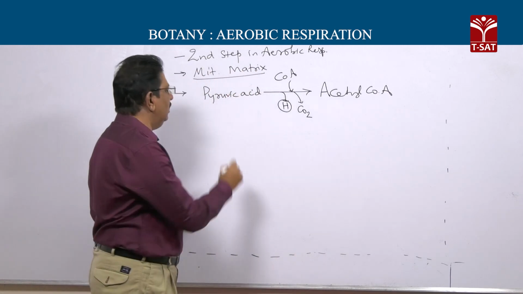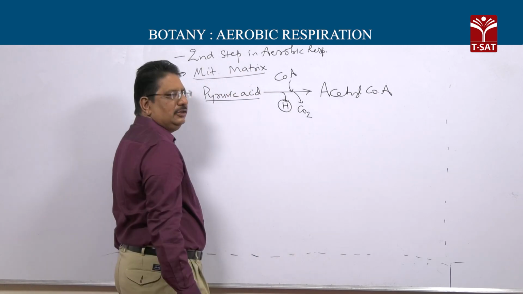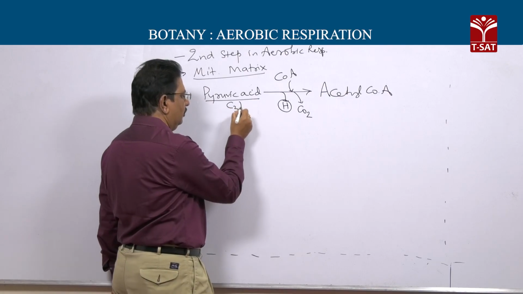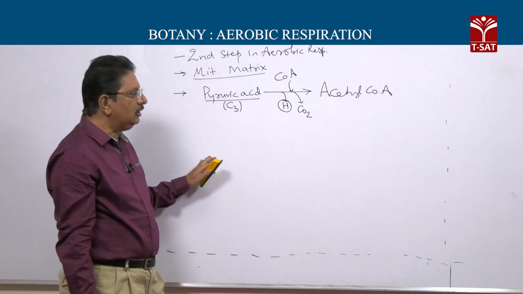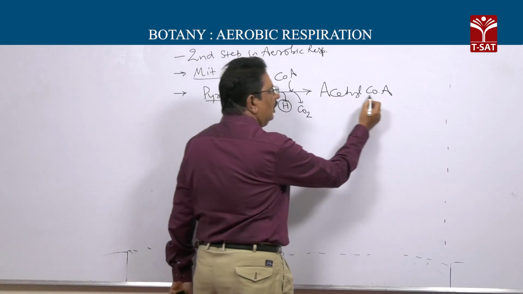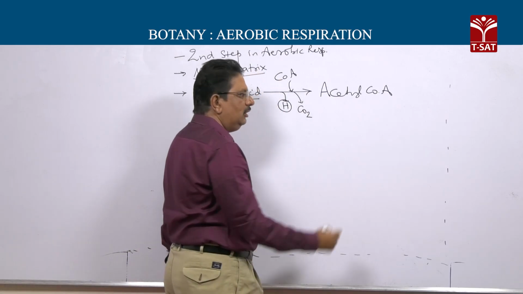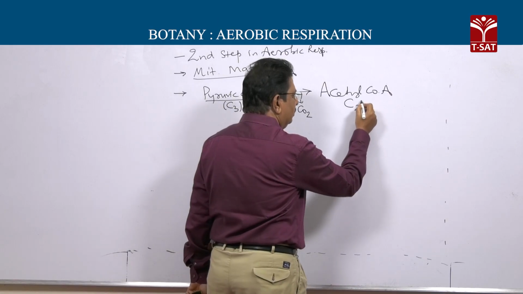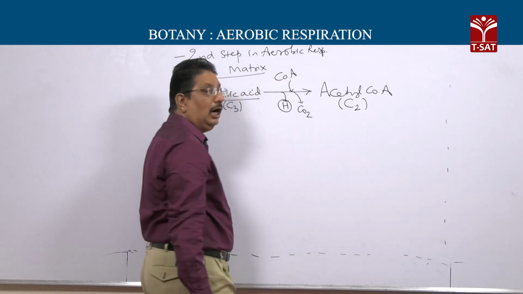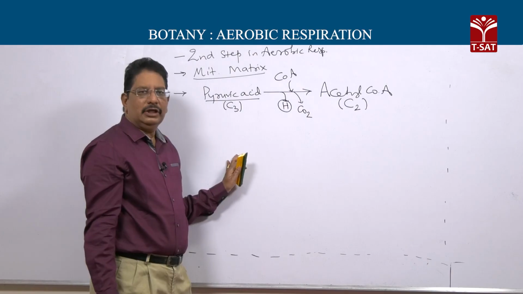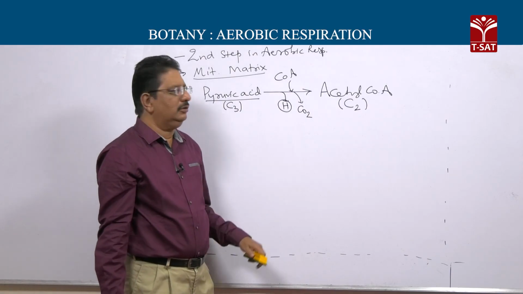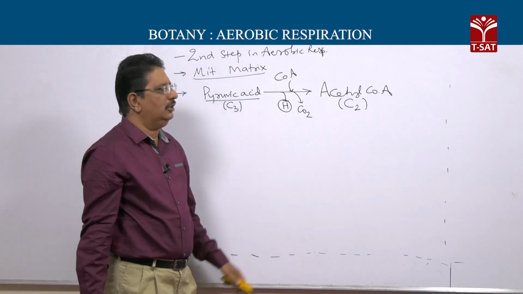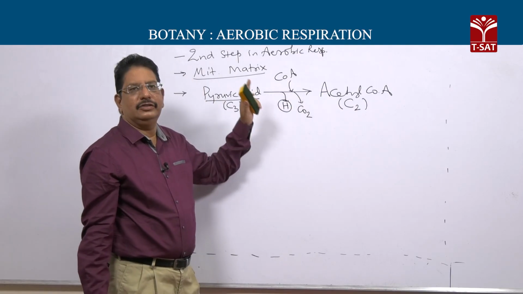So pyruvic acid, which is a C3 compound and the key product of glycolysis, is converted into a simple organic compound, acetyl coenzyme A, which is a C2 compound, after a complex set of reactions like dehydrogenation, decarboxylation, and condensation.